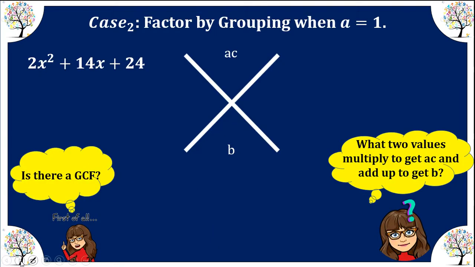Let's take a look at another example. Go ahead and write your problem and create a graphic organizer where your top number is A times C and your bottom number is B, but always ask, is there a GCF before you get started? In this case, we can see that 2 is a GCF, so I want to factor out a 2.